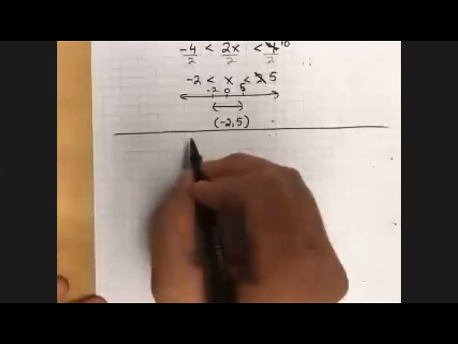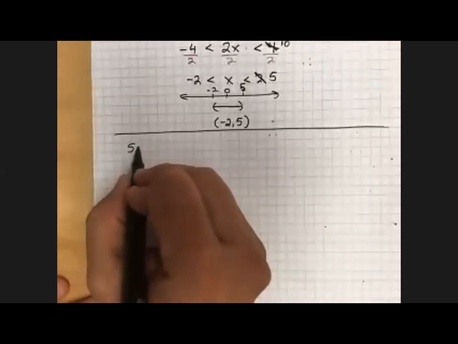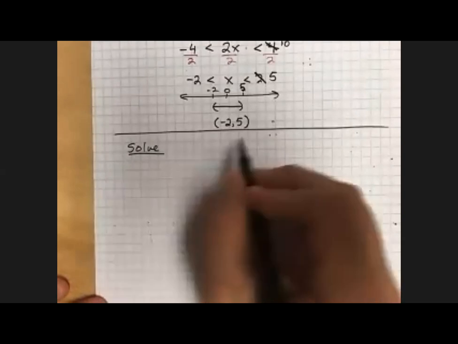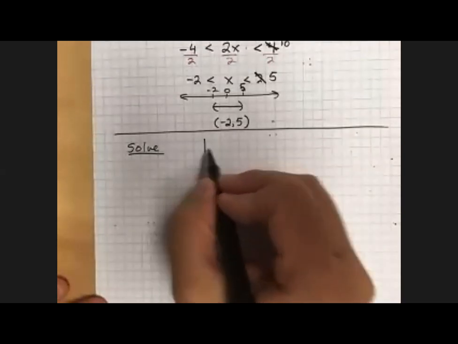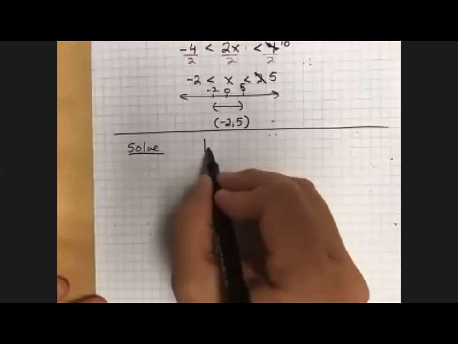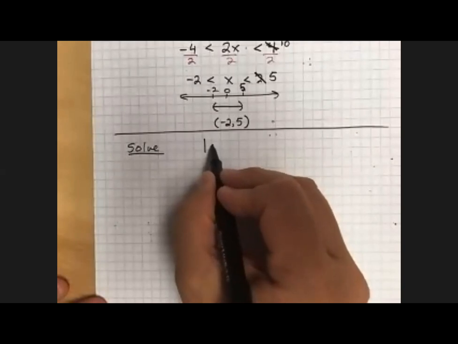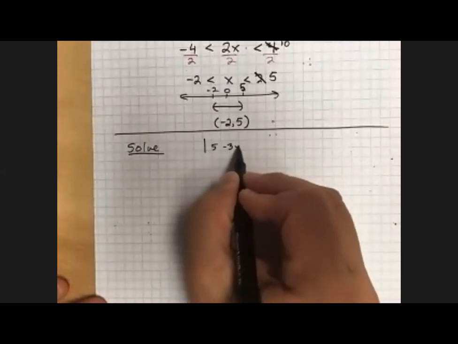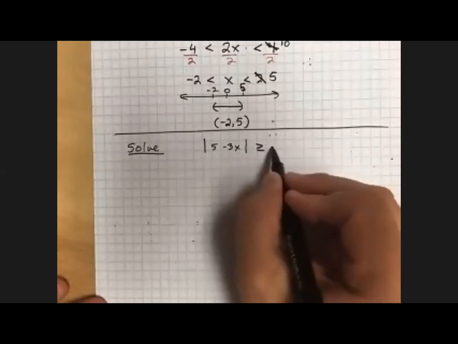Now let me try to challenge you, because I always got to use common sense. What if I said 5 minus 3x is greater than or equal to -2?